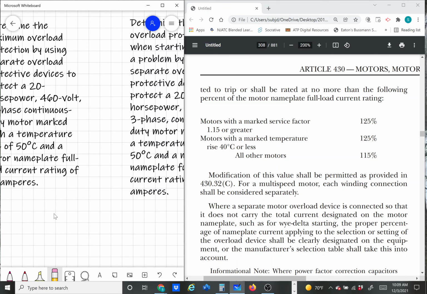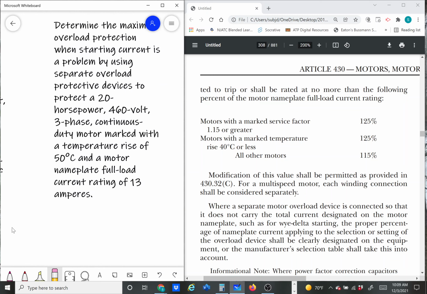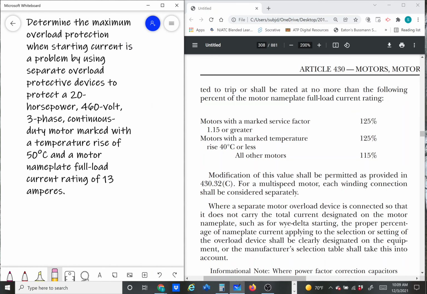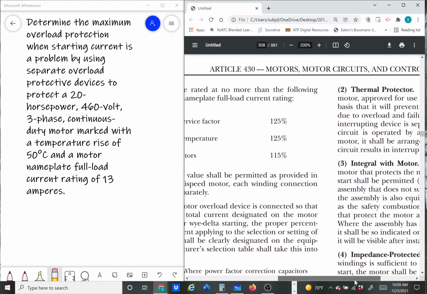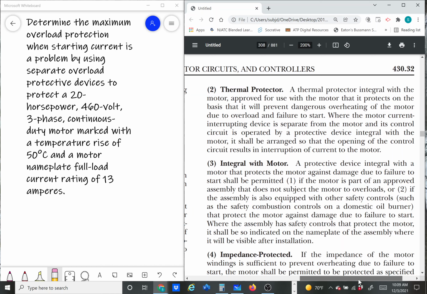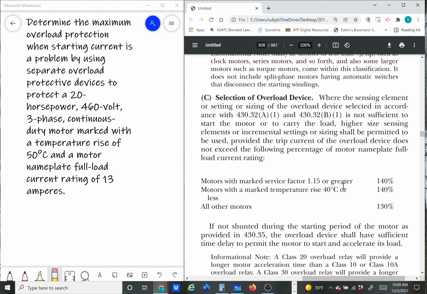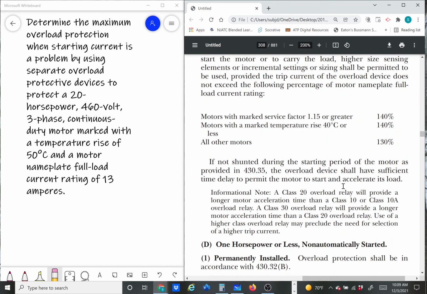Okay, we're going to do one more of the easy peasy examples, and then the last one's not going to be too hard either, but it's just asking for a fuse size, I believe. All right, so determine the maximum overload protection. Oh, here we go. When starting current's a problem, so we need to get over here and find that table first. Starting current's a problem with our overload protection. And here we are.